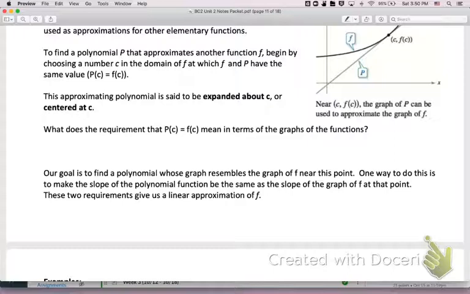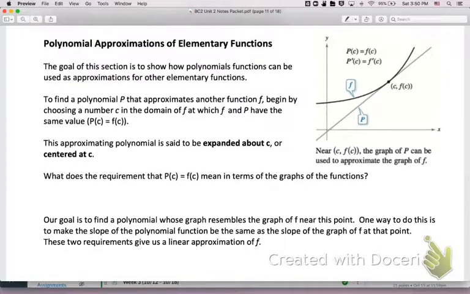We've seen this already when we used tangent lines to approximate the value of a function. We said that was called local linearization. We talked about the idea of how, if we think about this tangent line here on this graph, very, very close to c, this is a decent approximation. But if I move out here, we're getting much further from where the graph actually is, so it's not as good of an approximation.